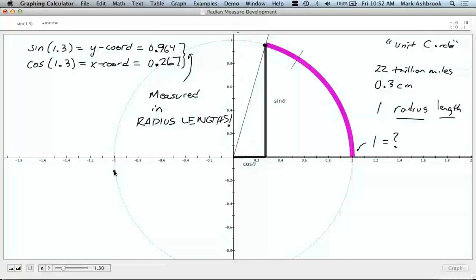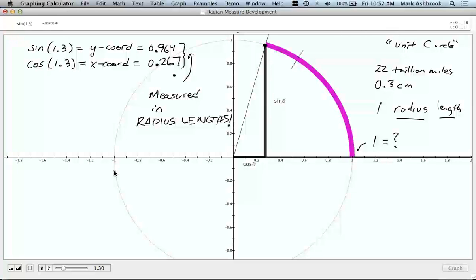What would that be? -1. So cosine is defined as horizontal distance to the right, so when you're to the left in quadrants 2 and 3, it's negative. And sine is defined as number of radius lengths above, so when you're in quadrants 3 and 4, sine is negative by definition.